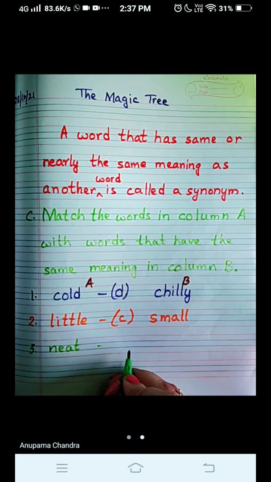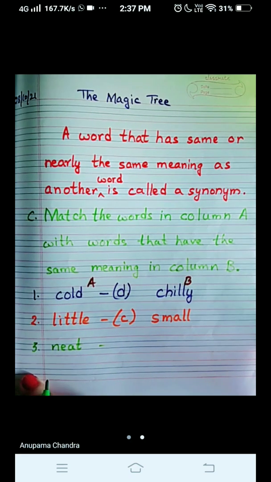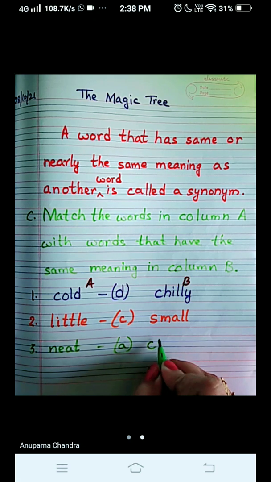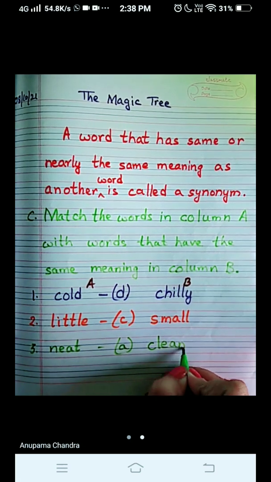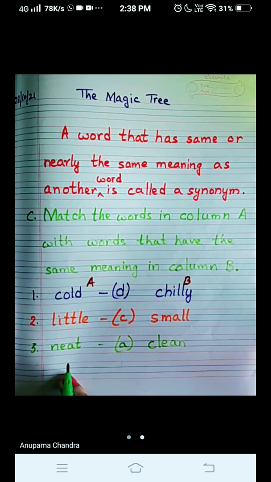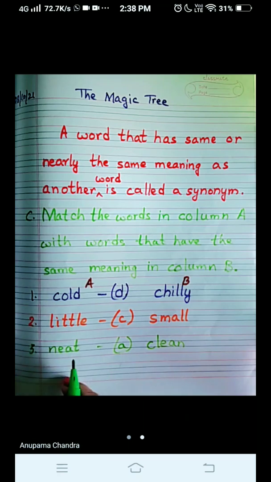And the word which has nearly the same meaning or exactly the same meaning will be the A option, clean, C-L-E-A-N, clean. Neat is clean, clean is neat. Okay, it has the same meaning, so that makes them synonym of each other.